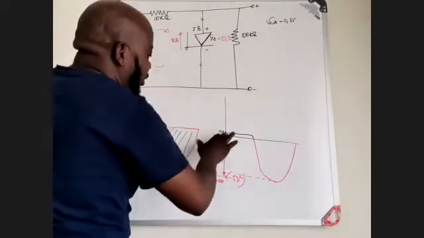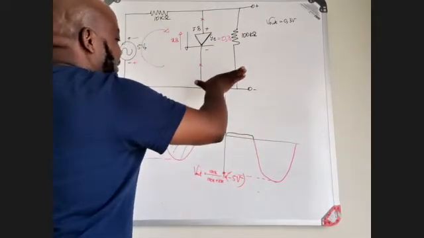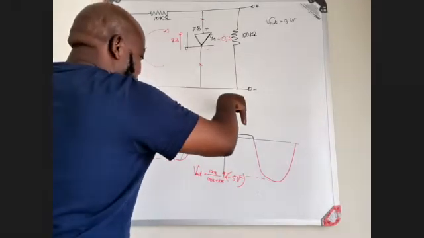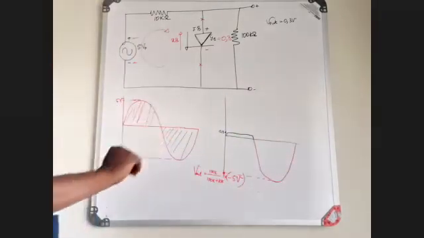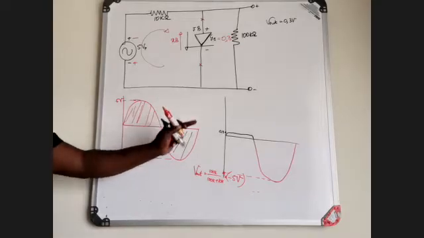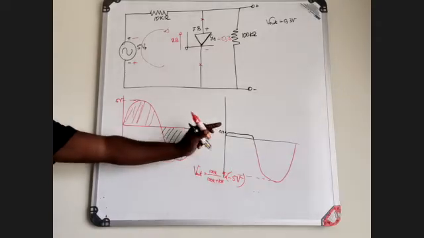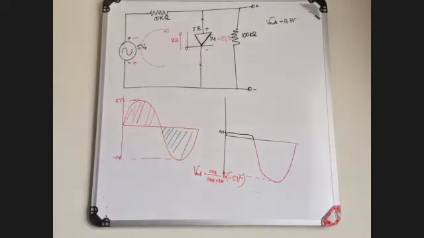Then now you have clipped off the positive cycle and you allow the negative cycle to go through. This is a positive clipper circuit or positive limiter circuit.